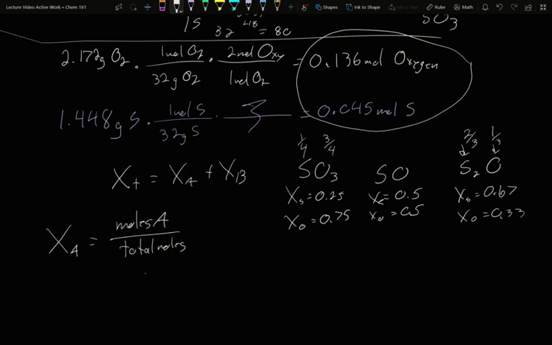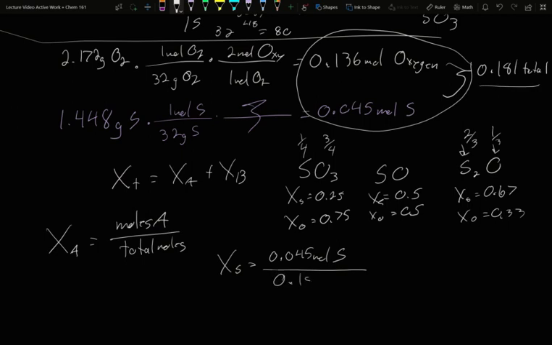So for the mole fraction of sulfur, we have 0.045 mole of sulfur. And we need to divide it by total moles. What's total moles? We can add these two together. 0.136 plus 0.045 says that there is 0.181 total moles.